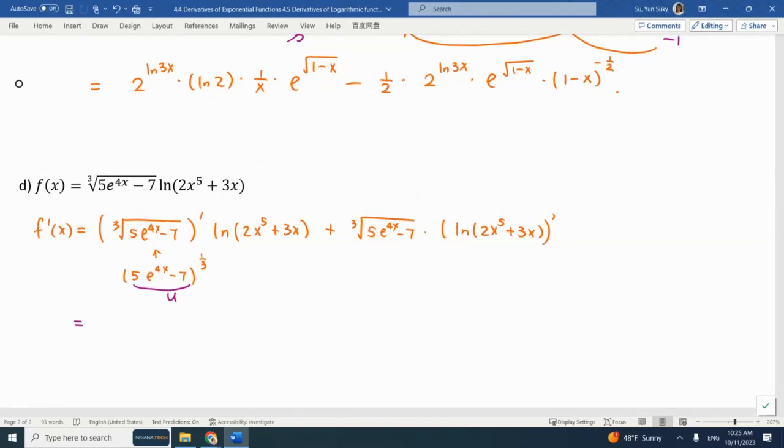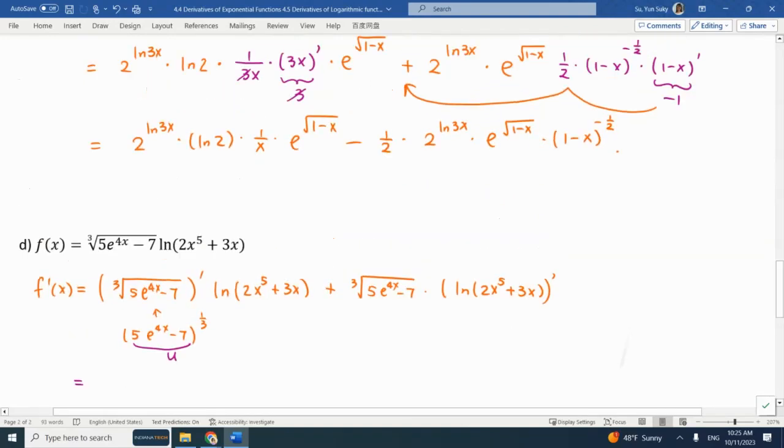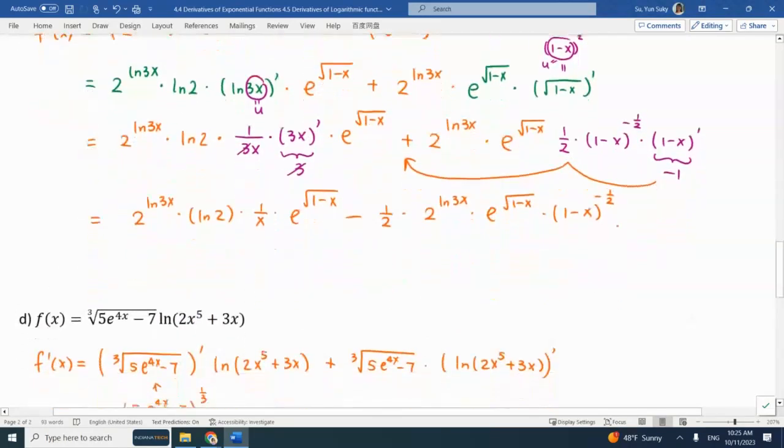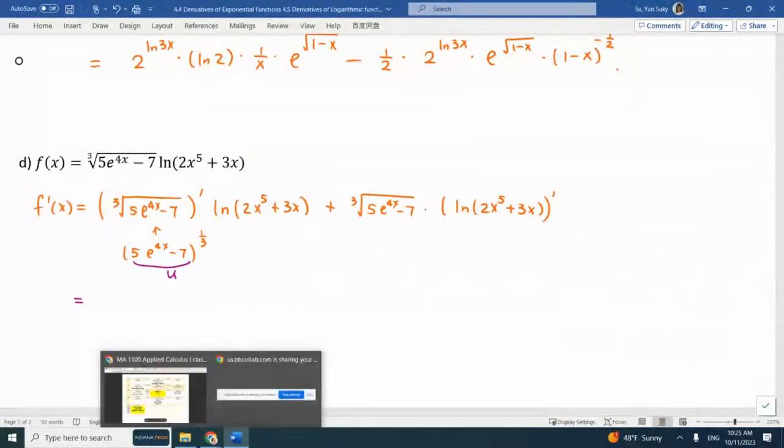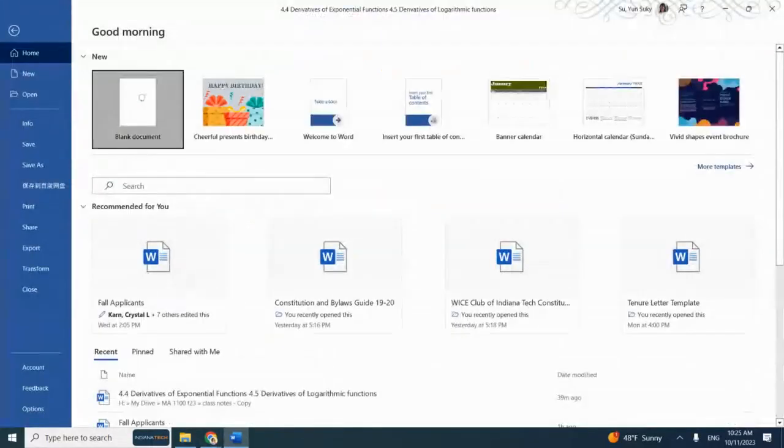Okay. Everybody take out a piece of paper. I think you're still not familiar with all the derivative formulas. So let's review all the derivative formulas that we learned in this chapter.